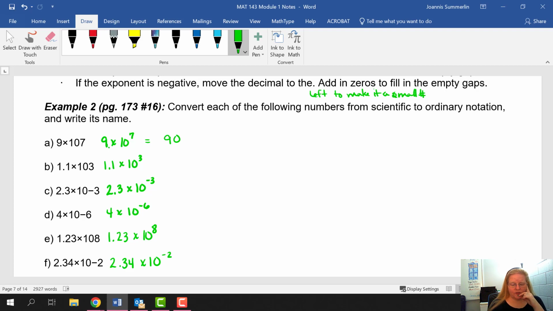We need to move it 7 places. 1, 2, 3, 4, 5, 6, 7. That's 7 places. $90 million.